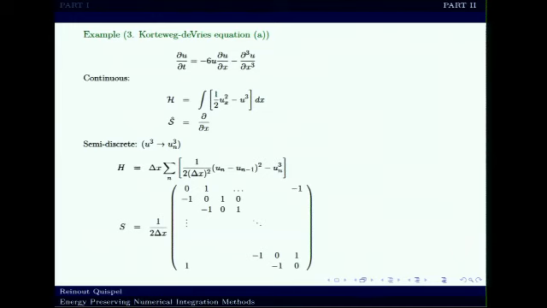Now remember that before, for this du dx, I can use symmetric, backward or forward differences, it doesn't matter. But for this matrix S, this d dx does matter. Here, this d dx is basically un plus 1 minus un minus 1 divided by 2 delta x. The reason I have to do that is that otherwise, if I just used backward differences, it wouldn't be skew symmetric.